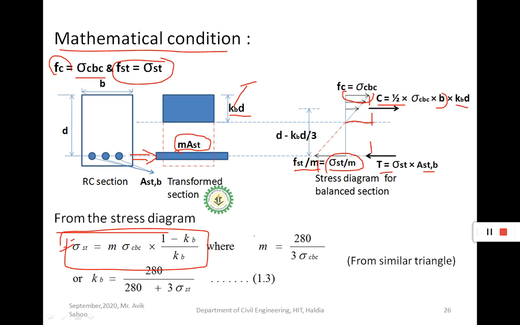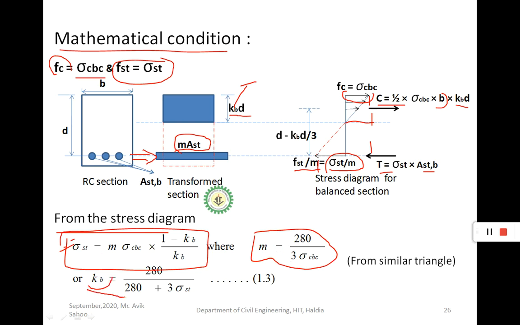And you know that the modular ratio is 280 by 3 sigma CBC, which is given in the IS 456 code. The expression is given. So now this expression you put in this equation.